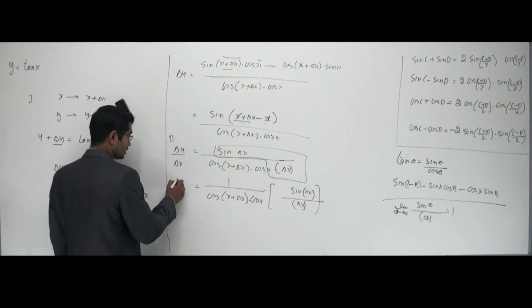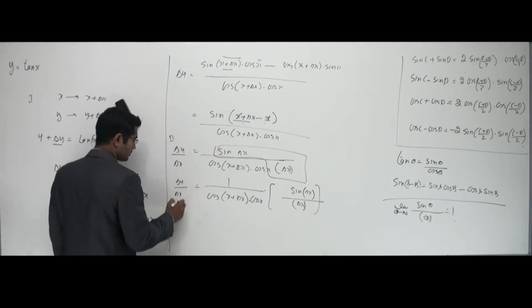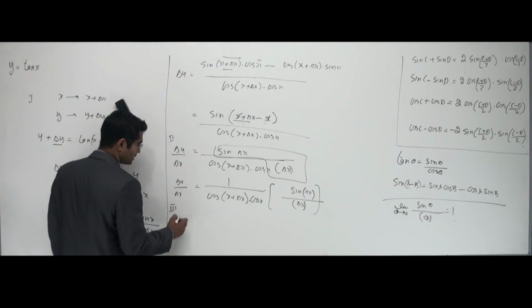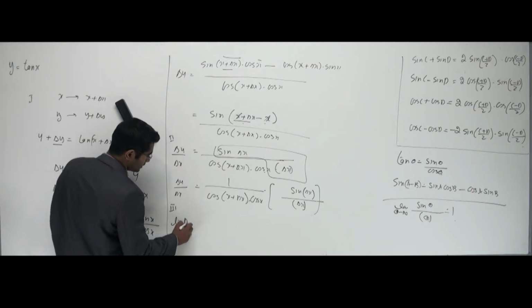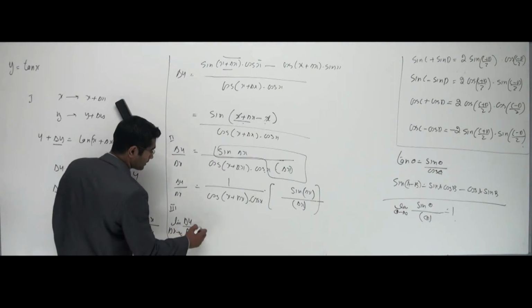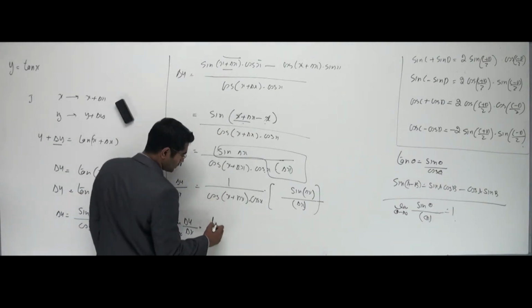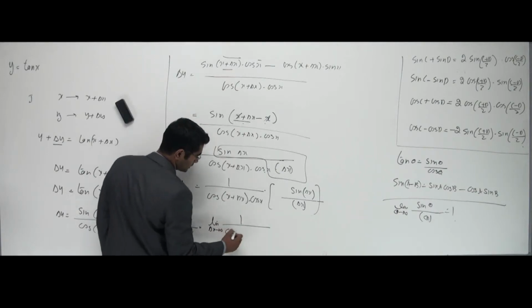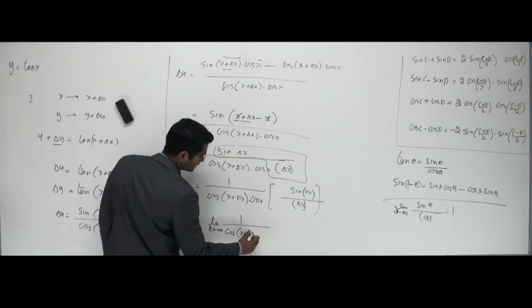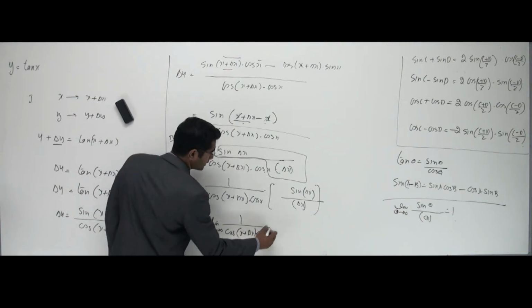So the third stage: I have delta y by delta x. Now the third stage is applying the limits. So limit of delta y by delta x, where delta x tends to 0, I'll apply limits to this also. Limit of delta x tends to 0, I have 1 by cos of x plus delta x into cos x. Correct?